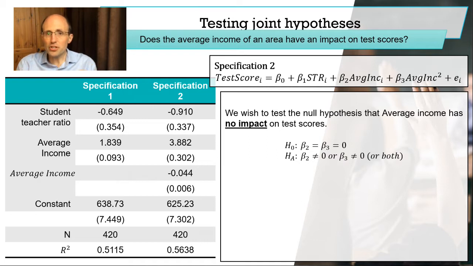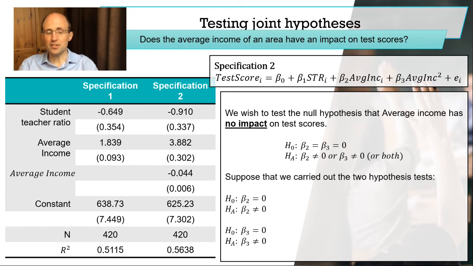Well, one strategy probably jumps out to you straight away, because you're thinking, well, if beta 2 is non-zero or beta 3 is non-zero, then we're going to reject this null hypothesis. And we've tested null hypotheses before for beta 2 being equal to 0, or that beta 3 is equal to 0. We've simply used t-tests in the past.